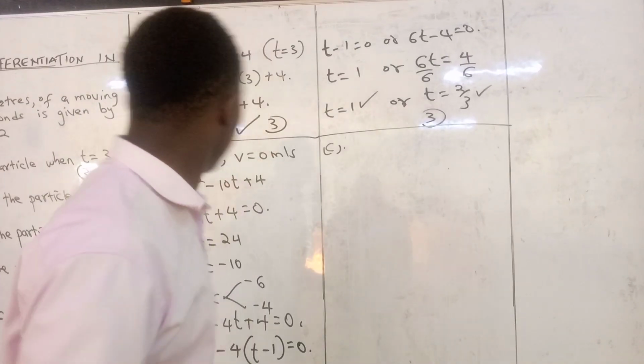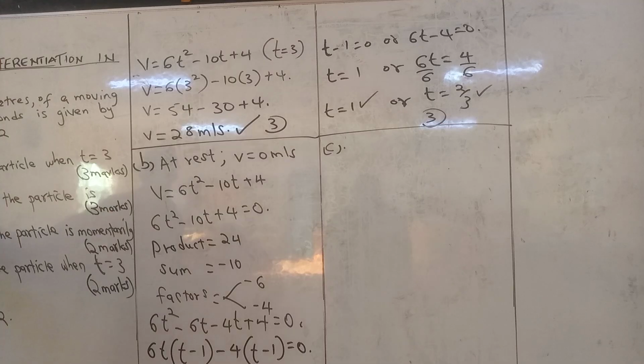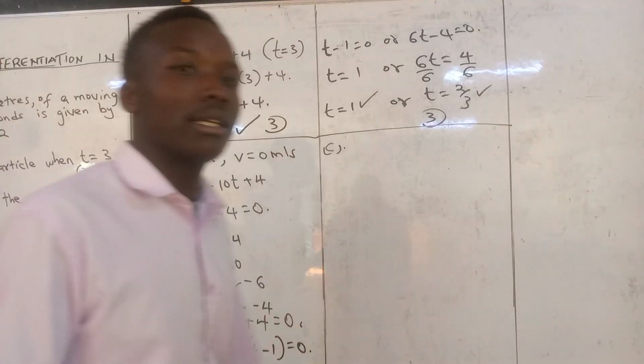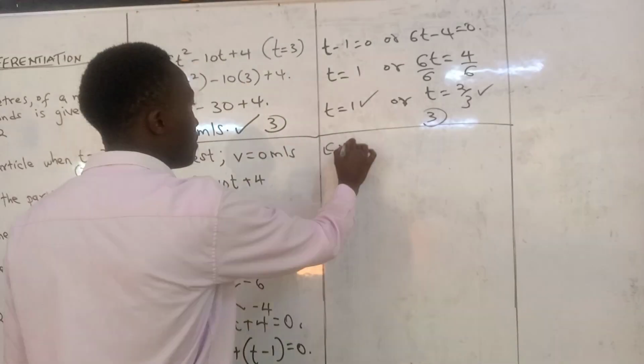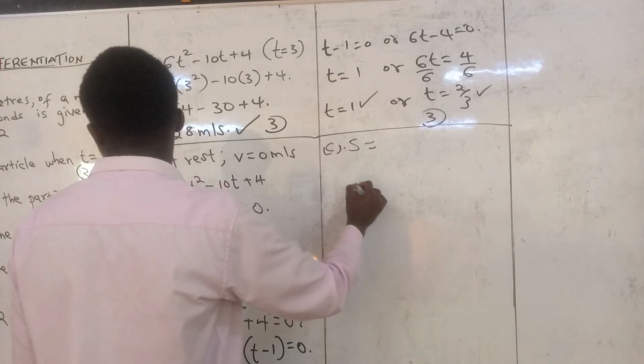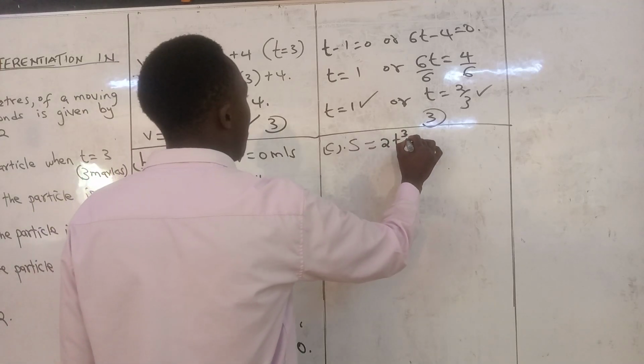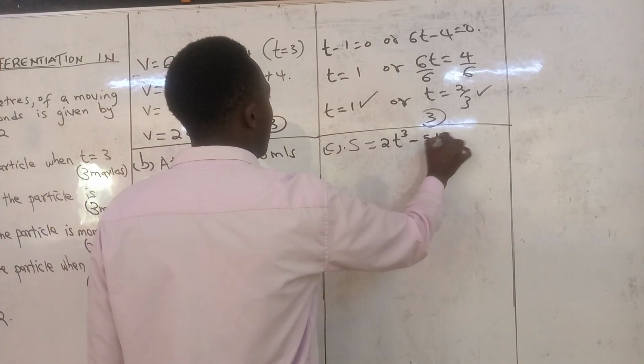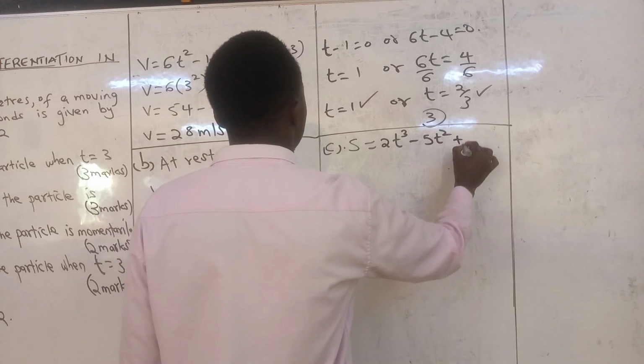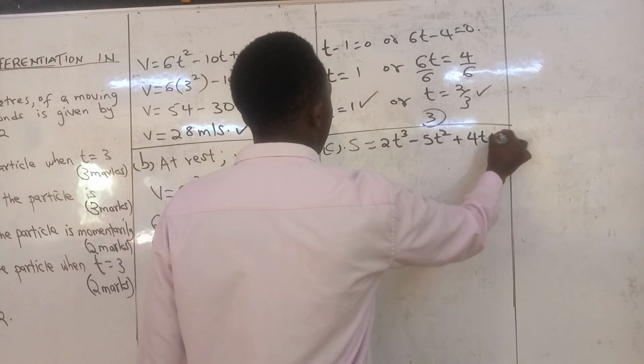Question number C says, determine the displacement when the particle is momentarily at rest. Displacement. Remember the equation of displacement was S is equal to 2t cubic minus 5t squared plus 4t plus 2.